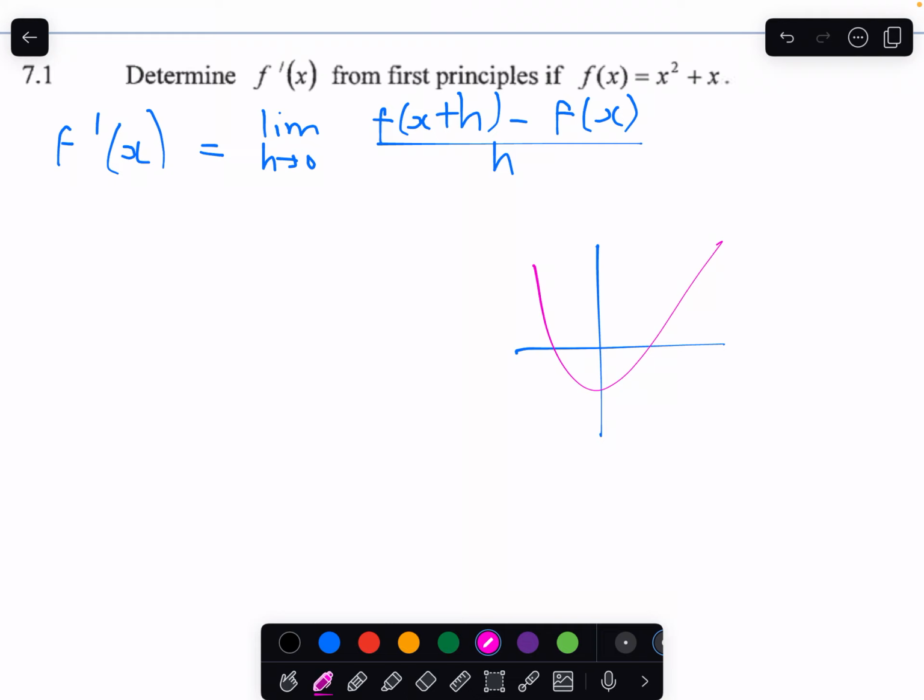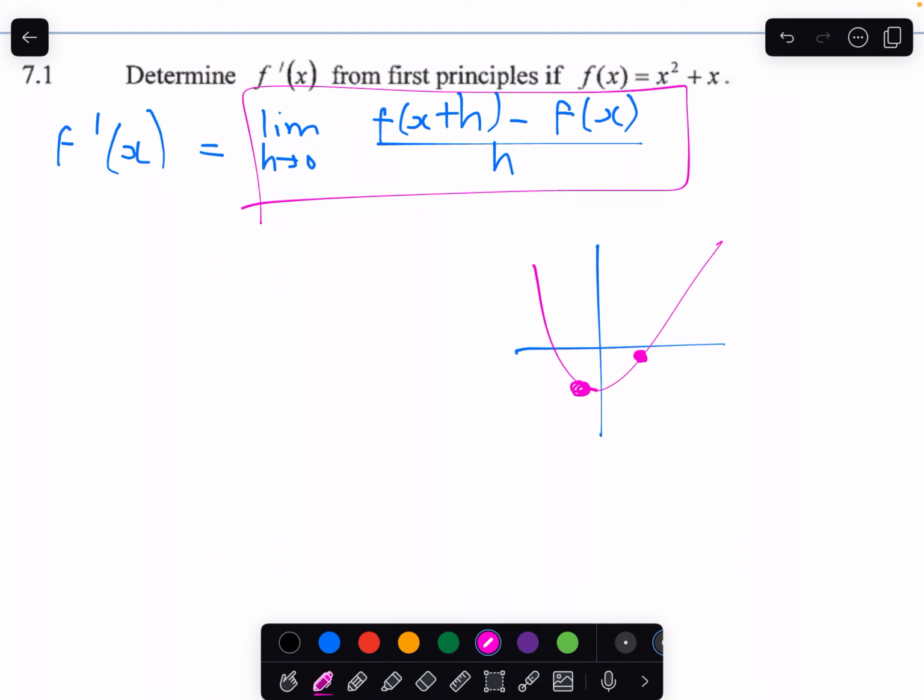The idea is that we want a function that will help us figure out the gradient of the graph at this exact point. But a point doesn't have a gradient. The gradient is inherently talking about a line segment. Because a curve is not a straight line, that gradient is not constant throughout the curve.